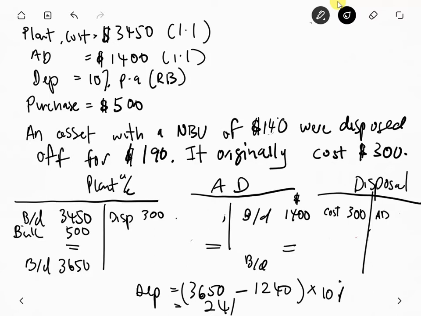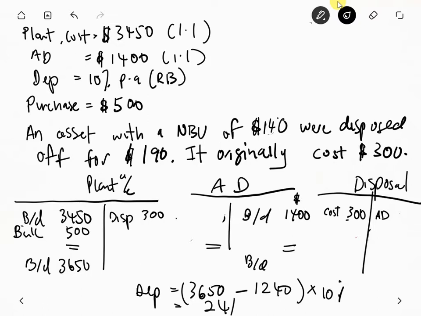Step 2, what is the accumulated for this asset? Can you get 160? It originally cost 3. Net book value is 14. Can I say this asset already depreciated 16? Yes, 160.